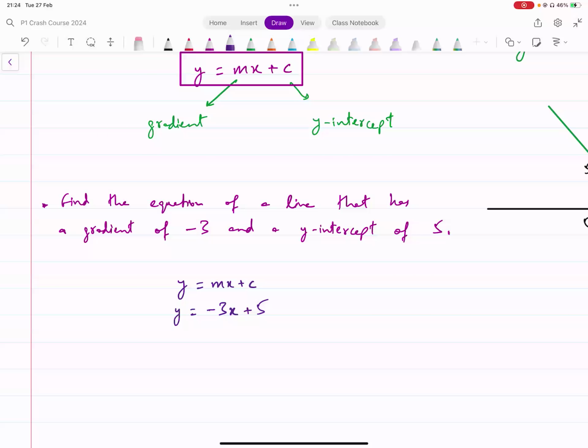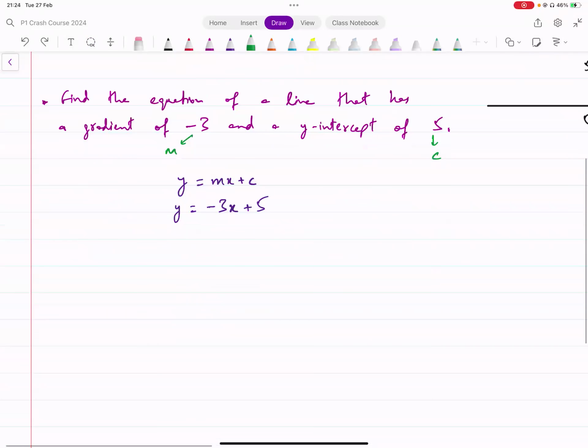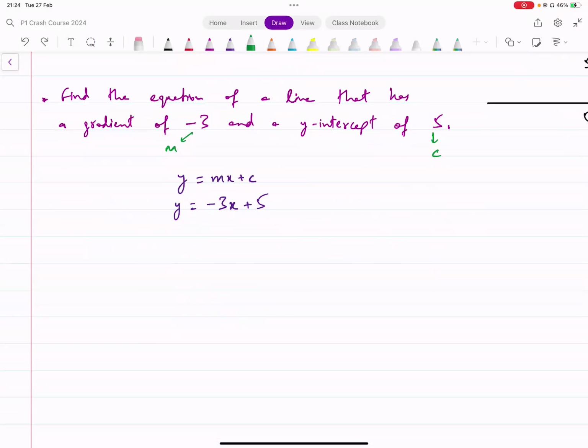That's the equation of the line that we were looking for. Okay, pretty straightforward. You will just input the value of the gradient, which is m, and the y-intercept, which is c, in the standard form, and that will give you the equation of the line. That's a very simple application of this form when you have the gradient and the y-intercept already given.